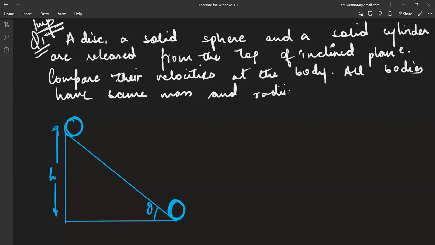See class, here a concept of work, energy and power will be utilized. A disk, a solid sphere, a solid cylinder are released from the top of an inclined plane. Compare their velocities at the bottom. All the bodies have the same mass and radius. Basically, you will be using conservation of energy.